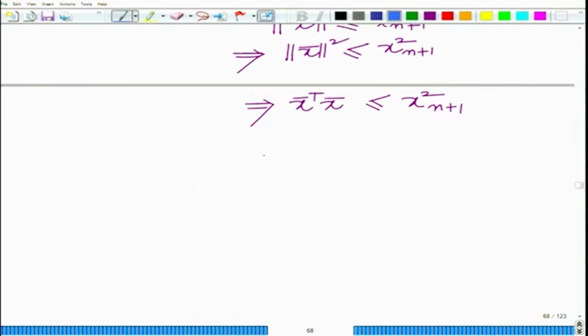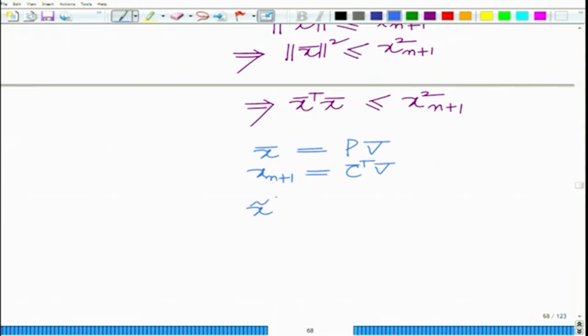Now, let us see what its affine precomposition corresponds to. So, let us consider x bar equals P times another vector v bar, and x n plus 1 equals c bar transpose v bar.